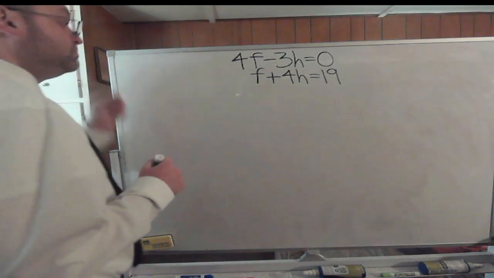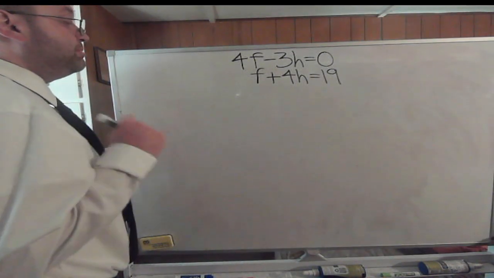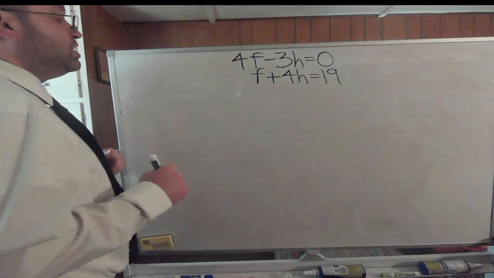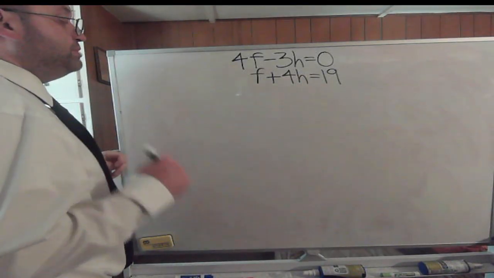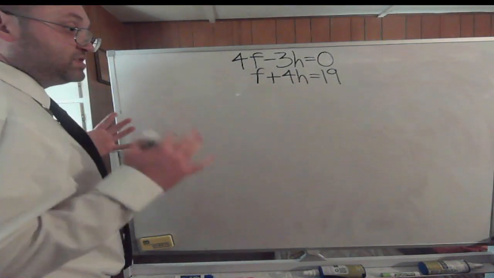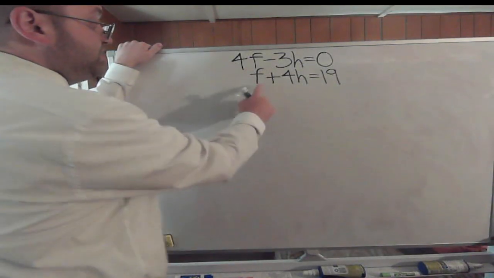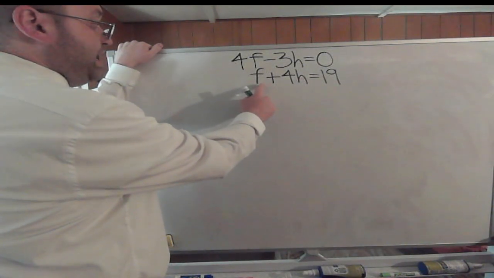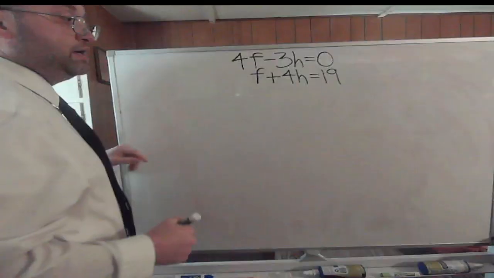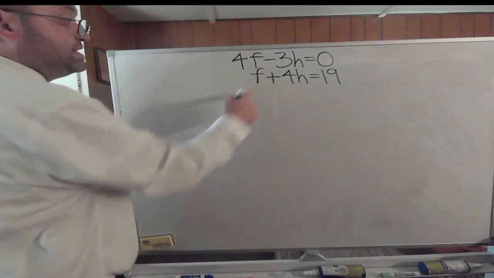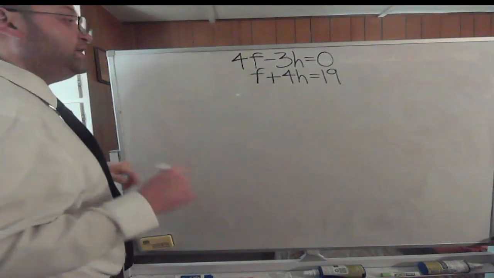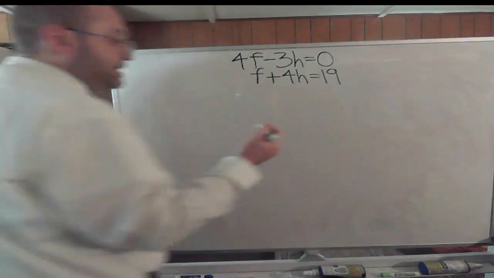Well, it's not readily apparent which one is going to be your substitution. However, we do see we have an f with a coefficient of 1. If we could get that f by itself in the second equation, we could find the perfect substitution identity.